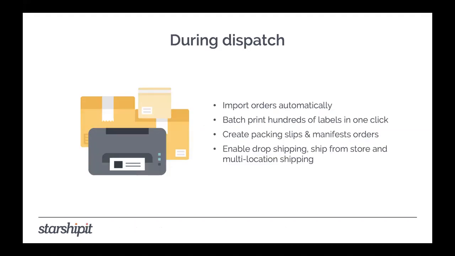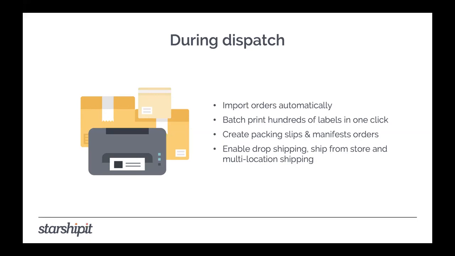Once we're looking at dispatch, some of the key benefits are that we're importing orders automatically. So you don't need to download orders onto a CSV and upload it into My Post or My DHL or whichever courier you're using. You don't need to copy and paste addresses. We literally pull all of that, and create the shipping label automatically for you. We can allow you to print hundreds of labels in one click, or you can do a scan and print.